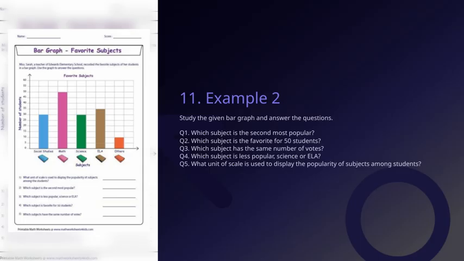Usually, for bar graphs like this, the scale might be in numbers like 10, 20, 30, etc., or sometimes in percentages. Recognizing this helps us understand the actual number of votes each subject received. Connecting all these points to the overall theme, understanding how to read and interpret bar graphs is essential for analyzing data effectively. It helps us make sense of student preferences and patterns in a clear, visual way.